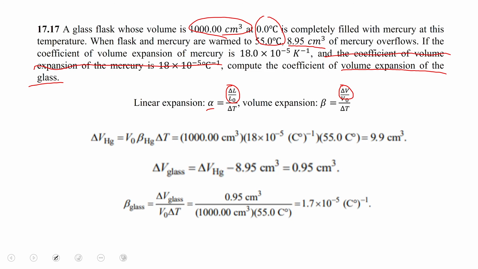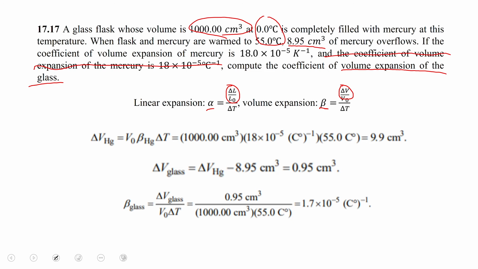We differentiate these two by using alpha and beta as different letters to distinguish them. So here, let's calculate the volume change for the mercury and the flask.